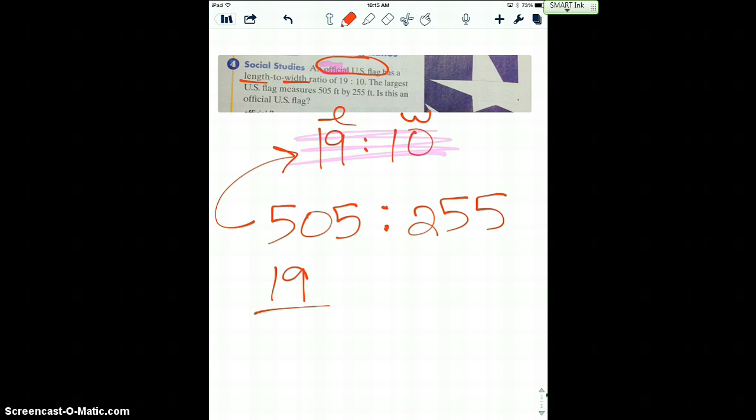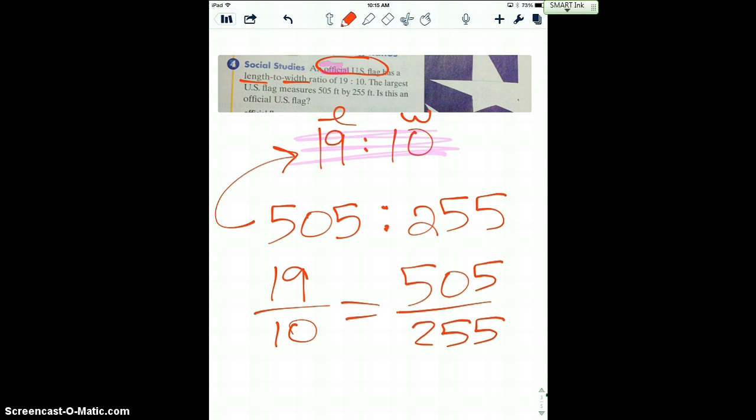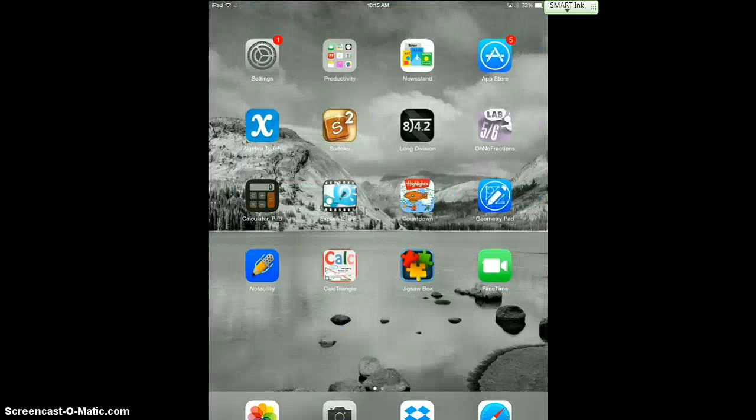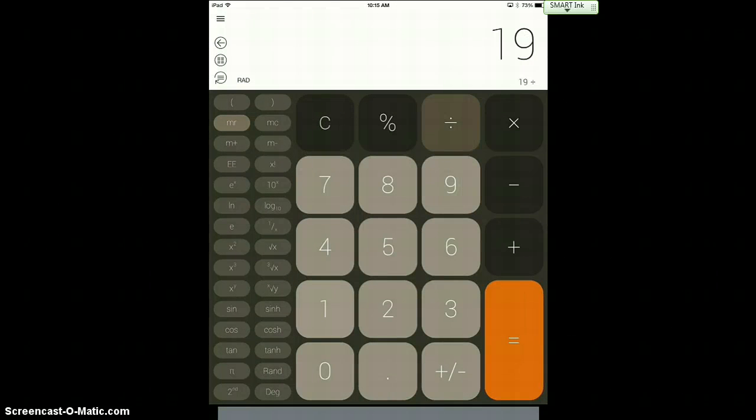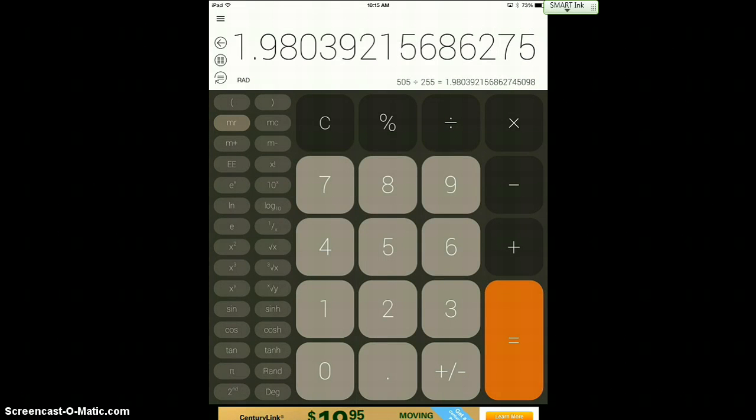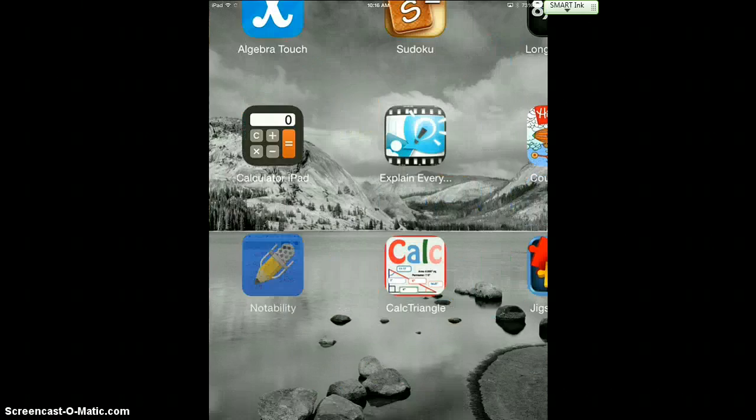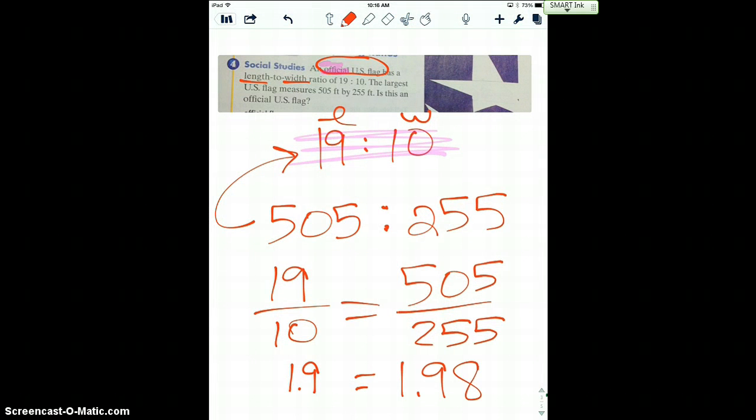Again, I'm going to compare with fractions. Is 19 to 10 equivalent to 505 to 255? Feel free to use the calculator, but I know 19 divided by 10 is 1.9. If you don't agree with me, I will check it on the calculator for you. 19 divided by 10, 1.9. And then I'm going to check the other ratio, 505 divided by 255, and that is approximately 1.98.